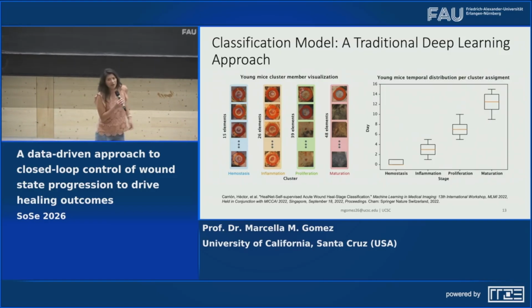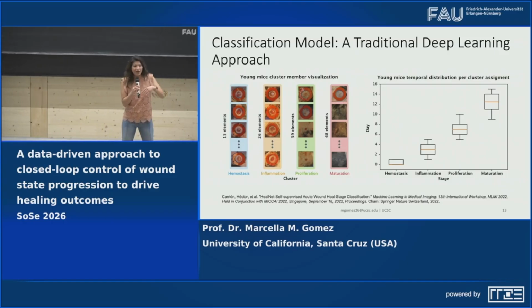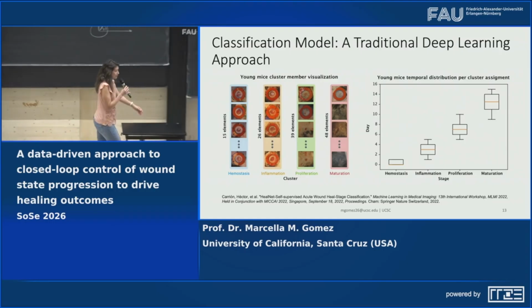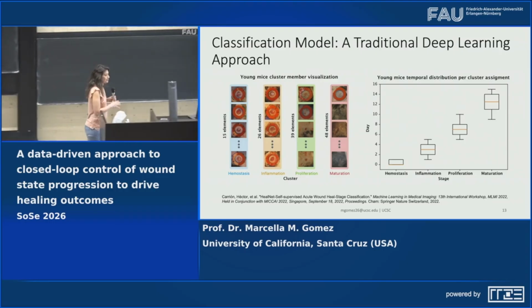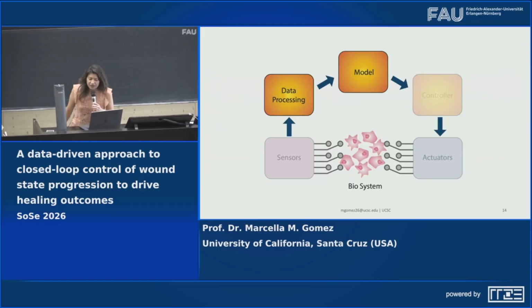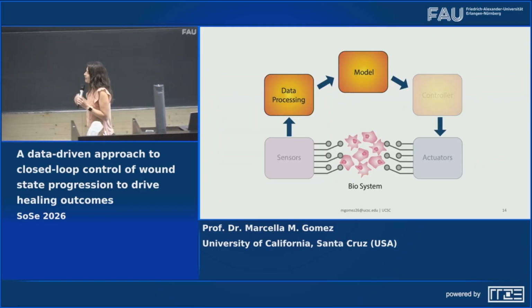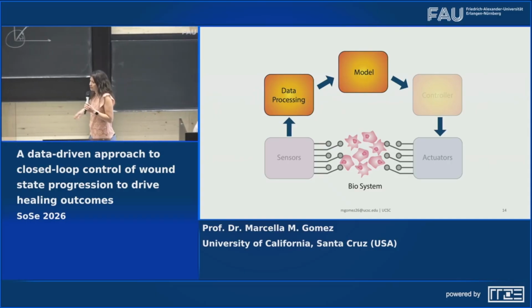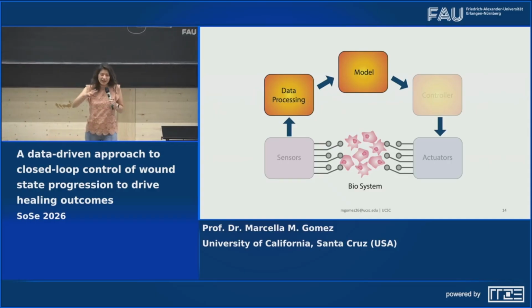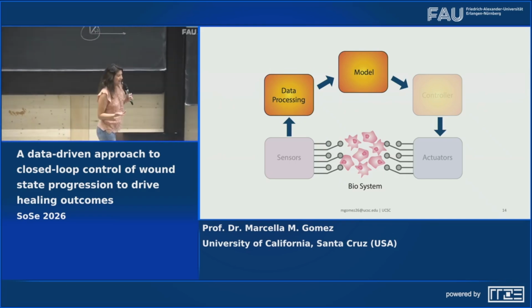And that's problematic, also because it's harder to do feedback control without a continuous model. So we actually have to go back and somehow combine the data processing and the modeling together.